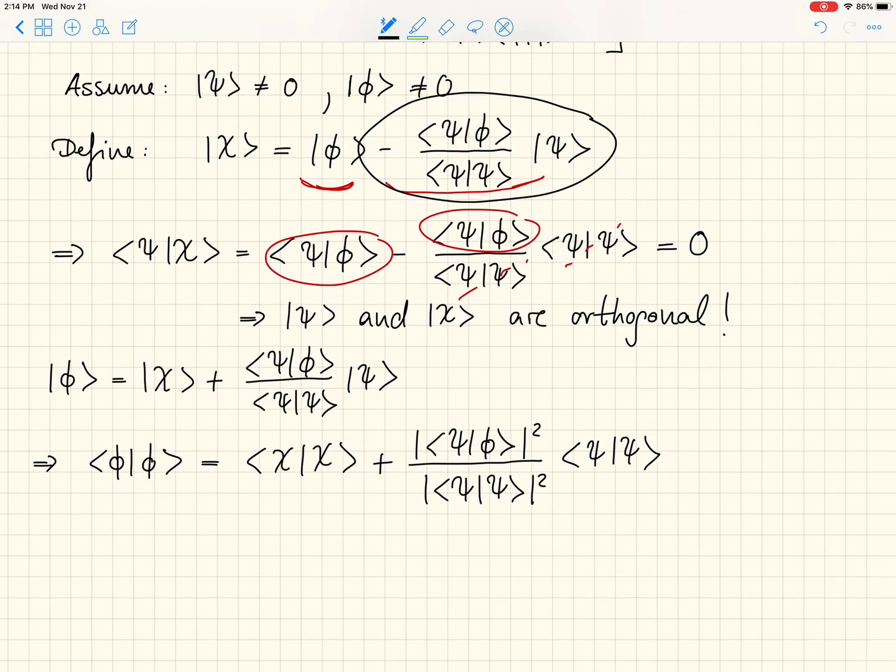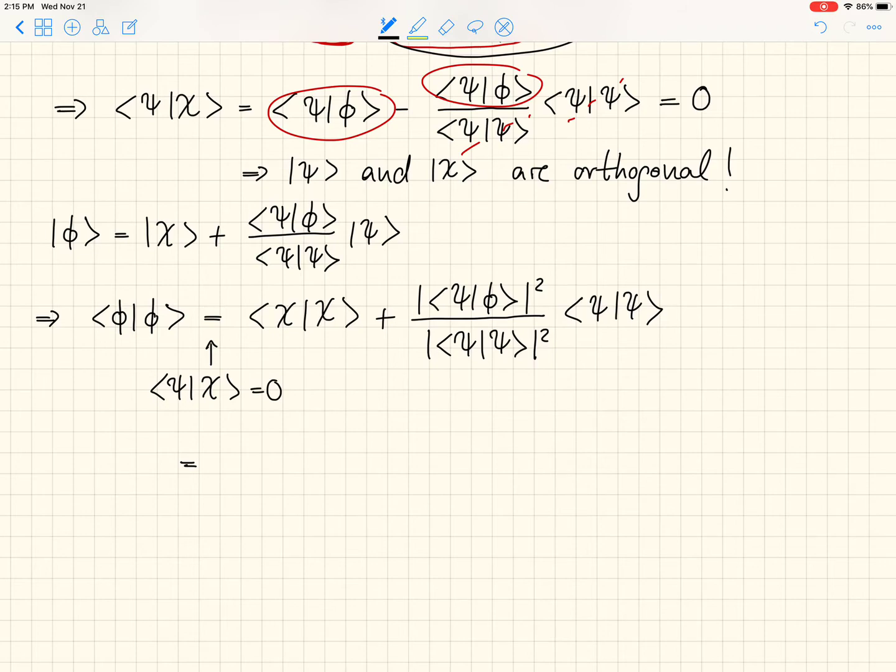And note that I omitted any cross terms between chi and psi here because, as we just showed, chi and psi are orthogonal. So all these cross terms that I would generate are actually equal to 0.